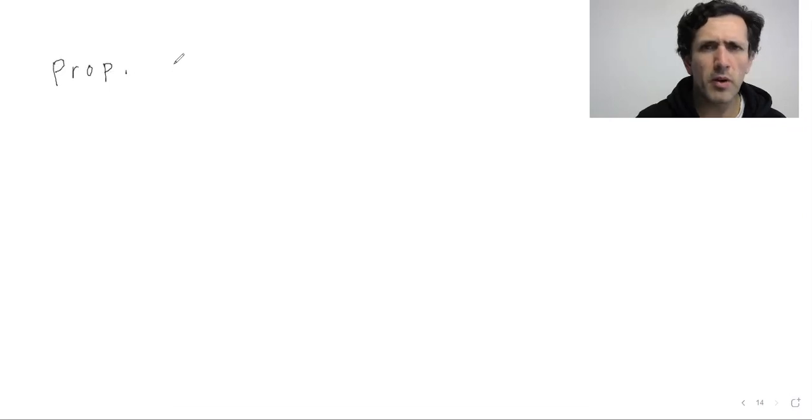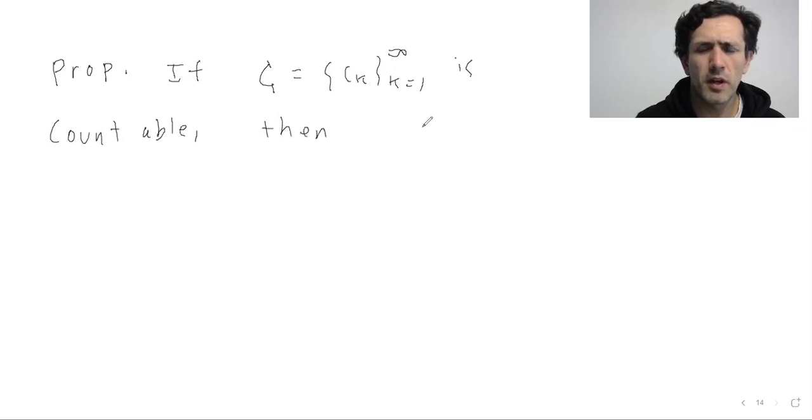I want to prove the following proposition. If C is countable, so it's a countable subset of the real line, then C has 0 outer measure.